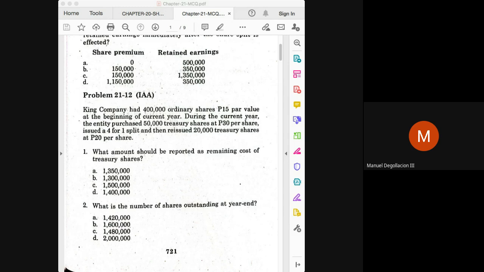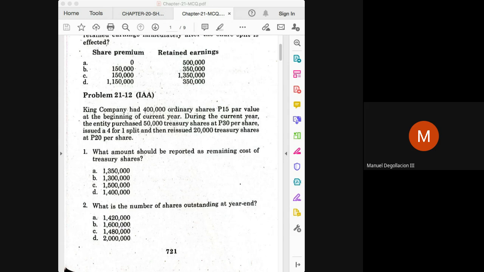But what happened after the acquisition of the treasury shares? There was a stock split, a 4-for-1 stock split. So instead of having 50,000 treasury shares, we now have 200,000 treasury shares. Okay, but how much is the value of these 200,000 treasury shares? It will still remain at 1,500,000. Okay, so what is then the impact?